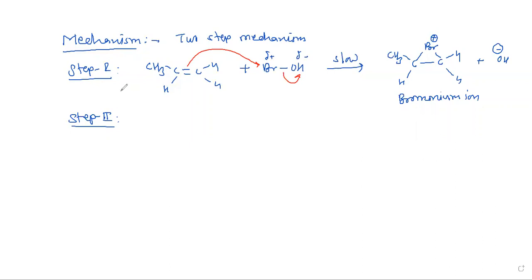And in the second step, there is attack of OH minus. First we write the cyclic bromonium ion plus attack of OH minus. It attacks on the more substituted carbon atom. This is very important.